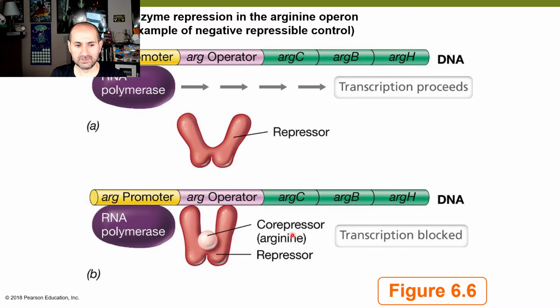However, by adding a co-repressor, arginine, that binds to the repressor, activating the repressor, now the repressor can do its job. Before, the repressor was not activated. But when you added the co-repressor arginine, that activated the repressor to bind to the operator and block gene expression.